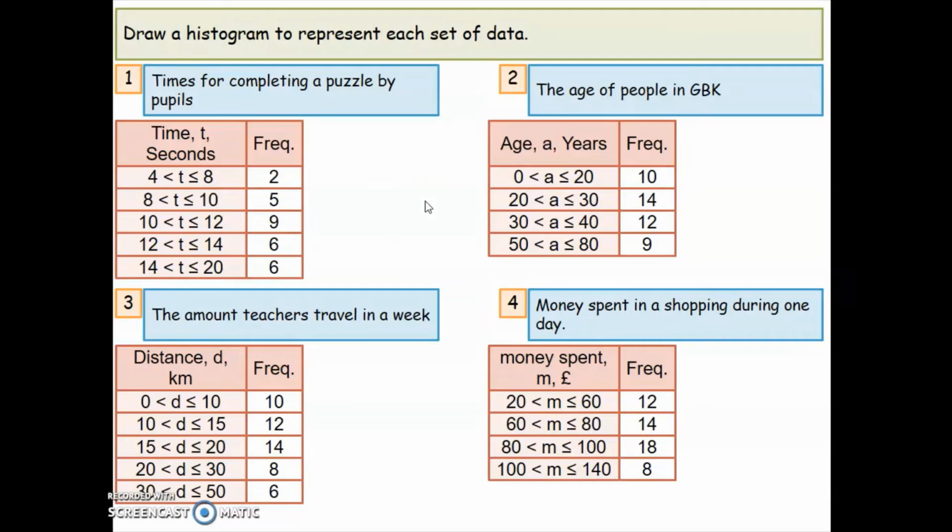After you've completed the table for each question, I would like you to produce an accurate histogram to represent the data in the table. You have the ability to pause the video at this point, so please pause the video for as long as it is needed. And for each of the questions, could you produce a histogram displaying the data?